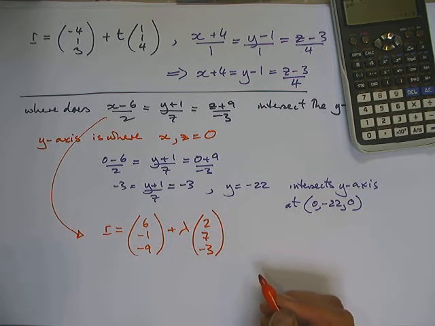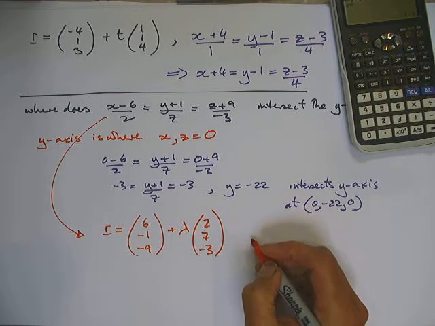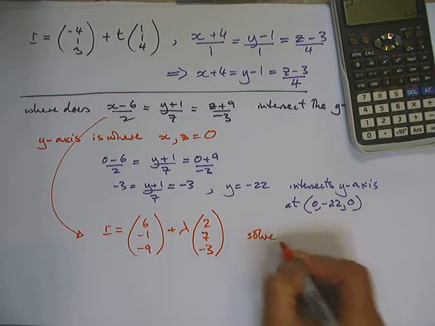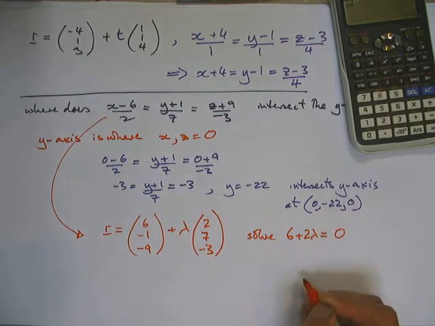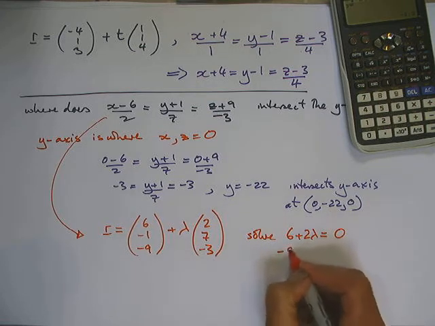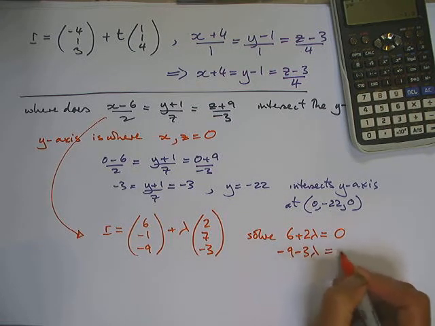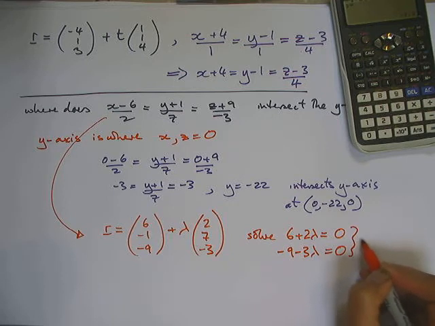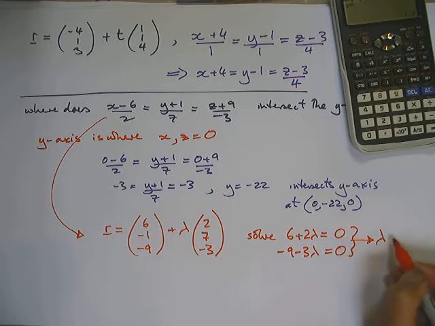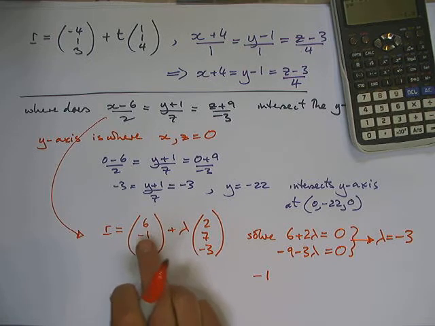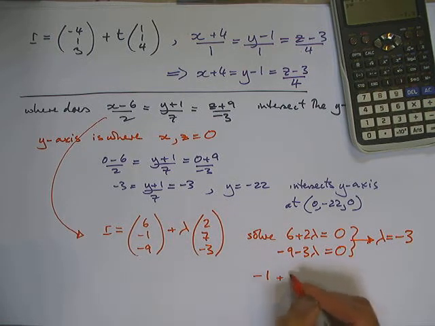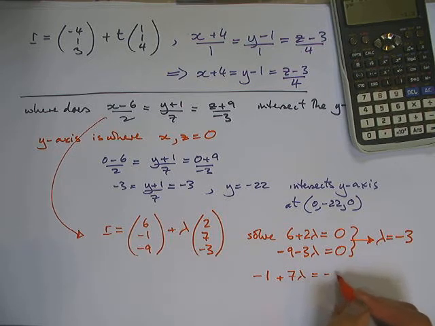And we could just as easily have done solve 6 and 2 lambda is 0, minus 9 take 3 lambda is 0. And I think they both give us lambda is minus 3, then minus 1 plus 7 times lambda equals 7 lots of minus 3 is minus 21, minus 22.